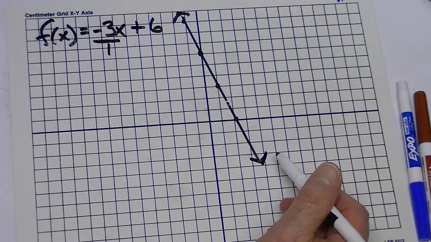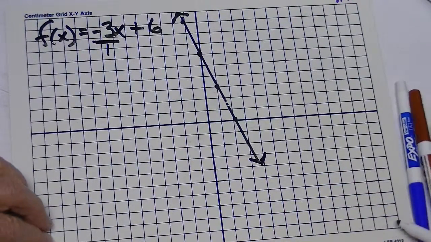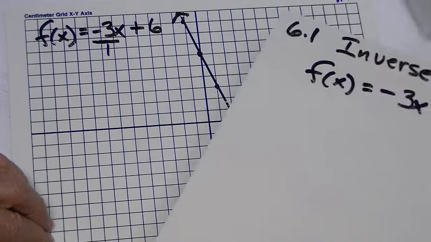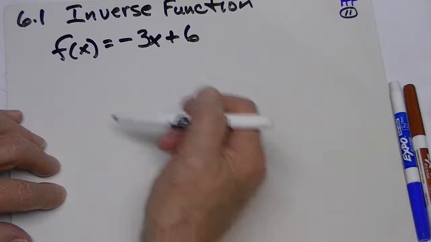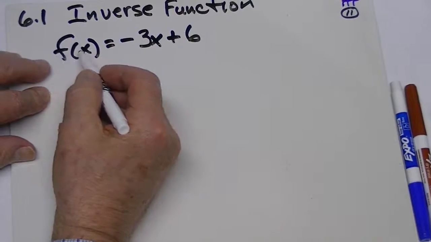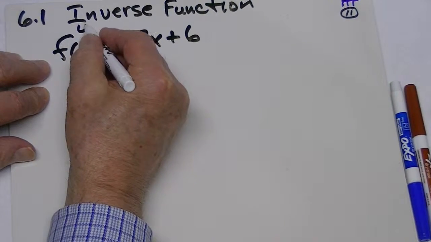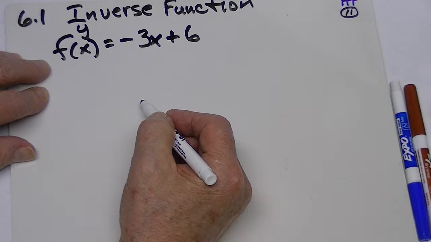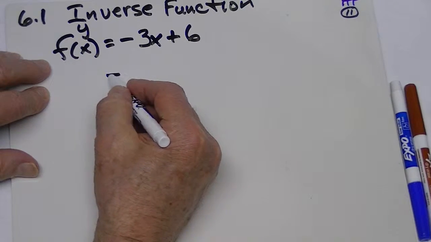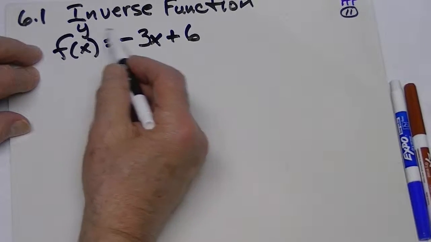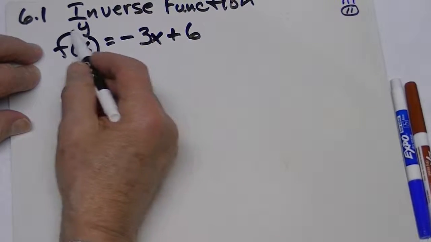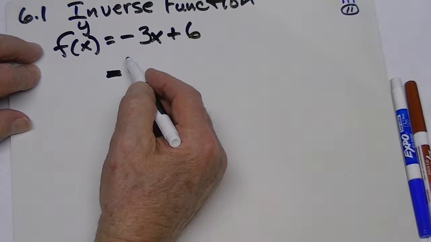Now there is a recipe to find the inverse of something, and for this we'll go to this one here. How do you find the inverse? Well, remember, the function symbol can always be replaced with a y. Now, to find the inverse, we replace the x with the y and switch them around.